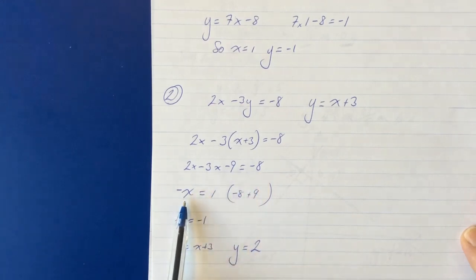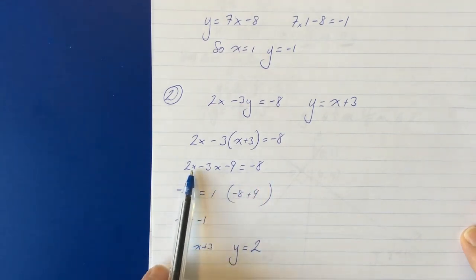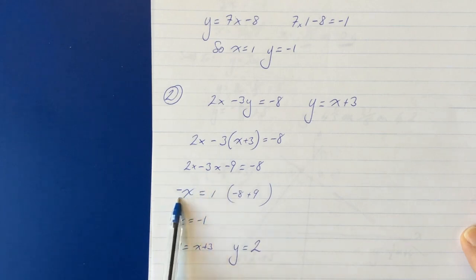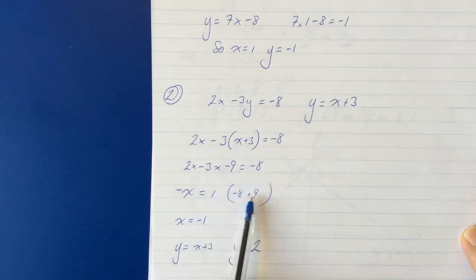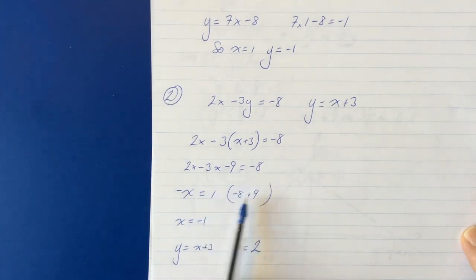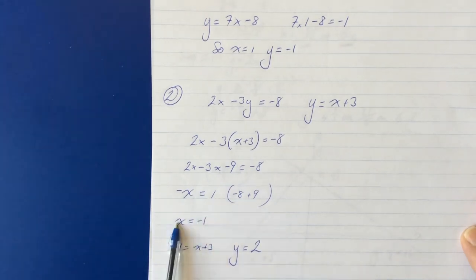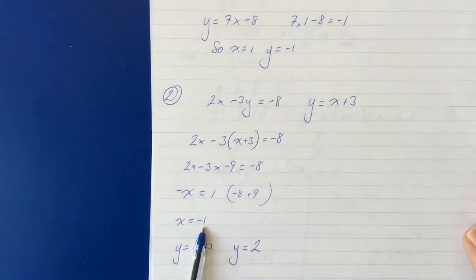Do a little bit of tidying up. 2x minus 3x is negative x. Negative x equals 1, that is negative 8 plus 9. So if negative x equals 1, x is going to equal negative 1.